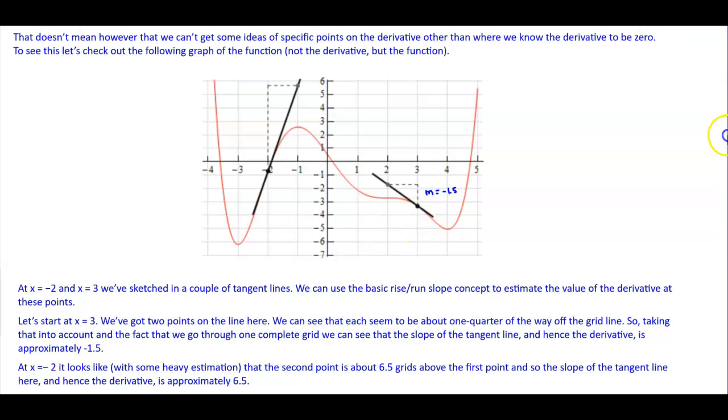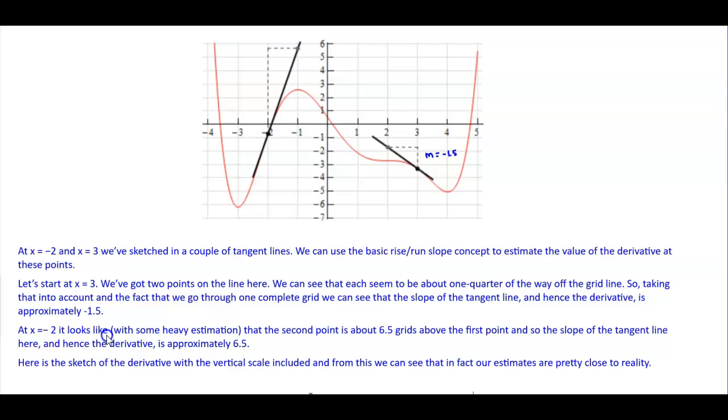Now, at x equals -2, it looks like, with some heavy estimation, that the second point is about 6.5 grids above the first point. And so the slope of the tangent line here, and hence the derivative, is approximately 6.5.